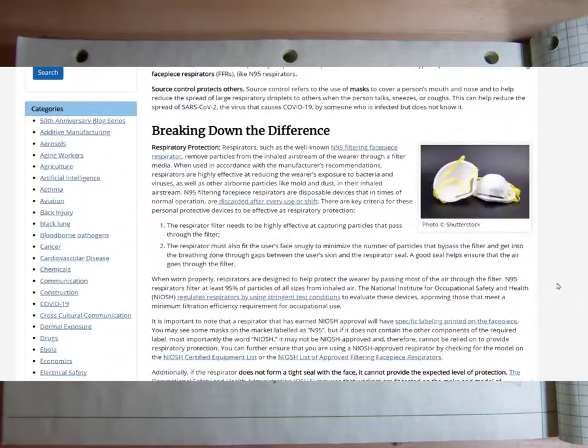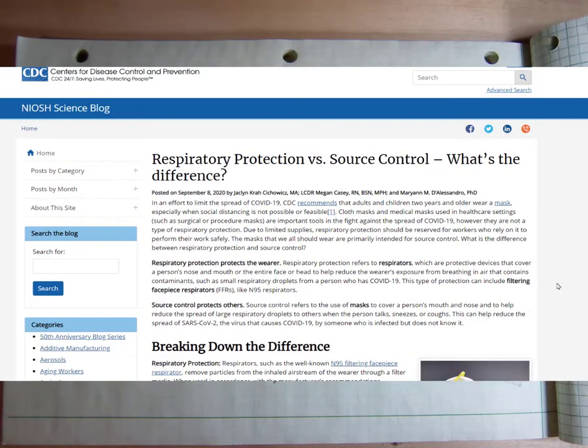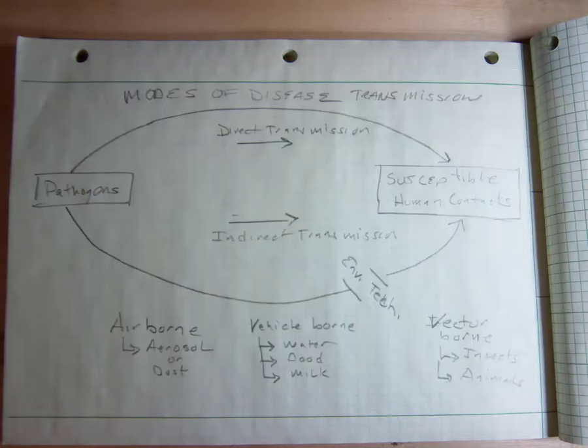There are many ways in which diseases can spread from one person to another. The modes of transmission of disease are summarized in the following drawing. On the far left, we have pathogens, and in the drawing we also have the susceptible human contacts.